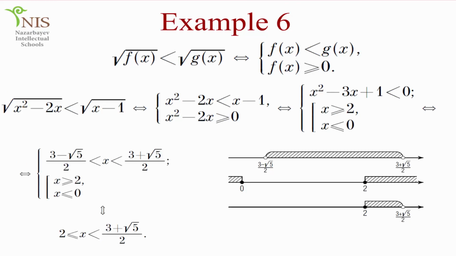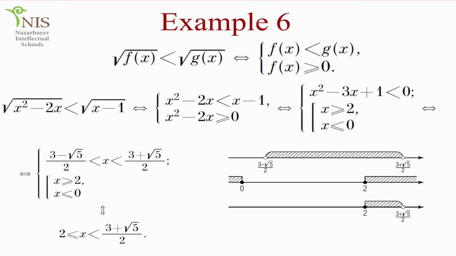Okay, example 6. Well, it's for a different type of inequality. Here they are both under the radicals, and the square root of f of x is less than the square root of g of x. So we take the square of both sides, and we say that f of x is bigger or equal to 0. So that's our condition.